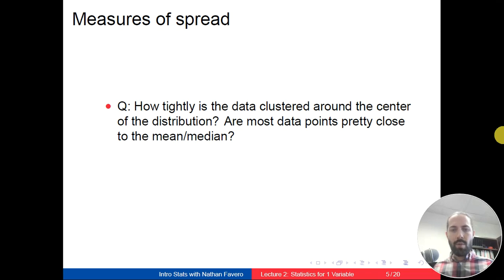I want to know, do most people in that community earn really close to $40,000, or is there a lot of variance, a lot of variety in terms of how much income people earn? Another way we could phrase this: are most data points pretty close to that mean or median? The way that we're going to be able to answer a question like this is with a measure of spread.